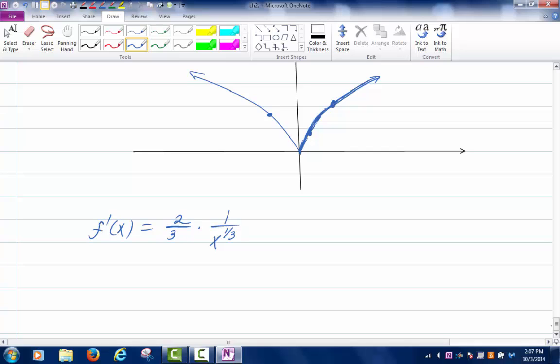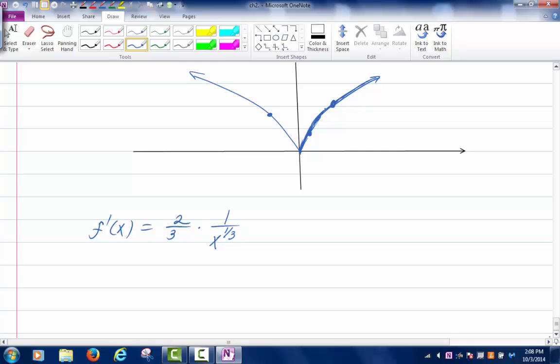So as you move to 0 from the right, the derivative becomes large, infinity. As you go to 0 from the left, the derivative becomes large negative. Again, you have a sharp point at 0, and the derivative doesn't exist there.